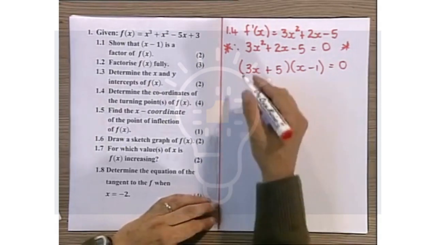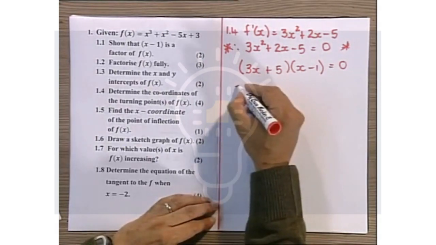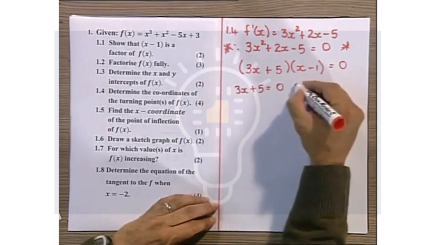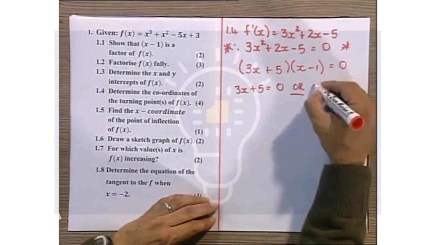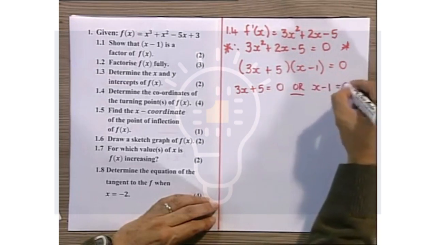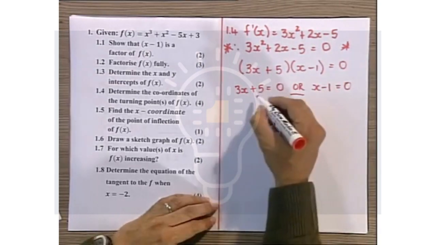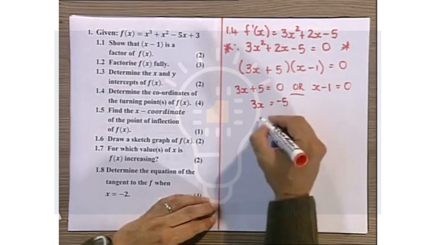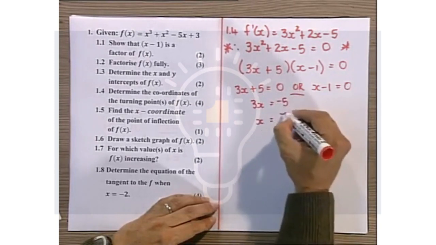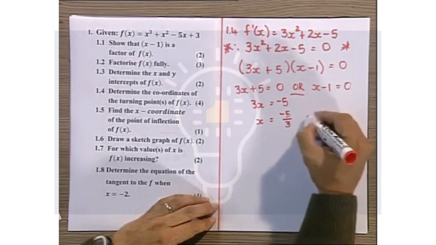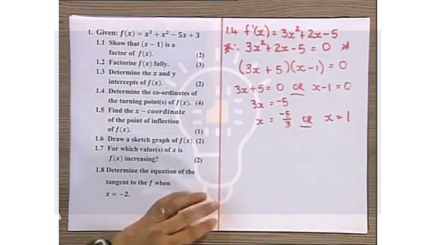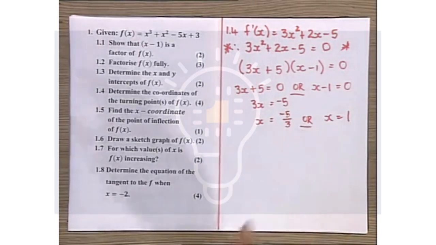And therefore, our x values. 3x plus 5 is equal to 0, or x minus 1 is equal to 0. So what are my x values? 3x is minus 5, so x is minus 5 over 3, or x is equal to 1. Remember, that's the first part.